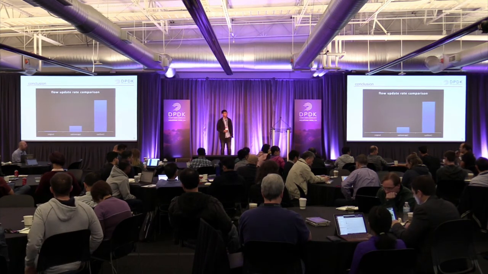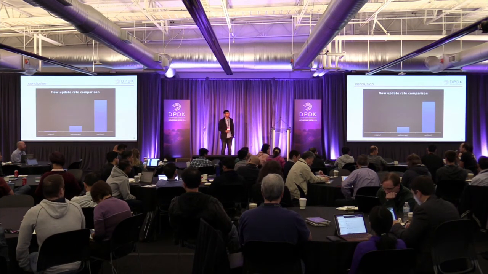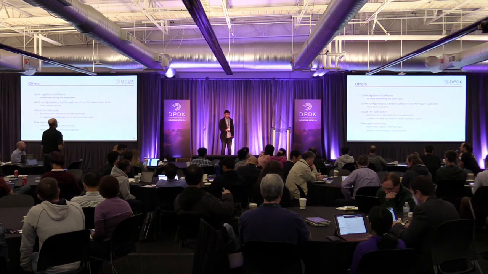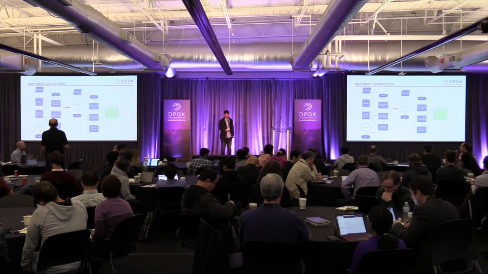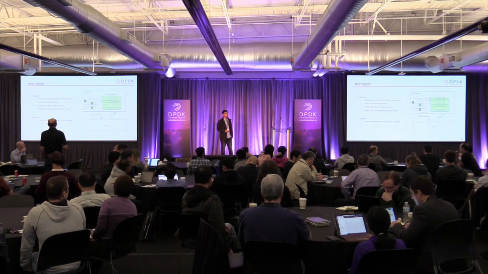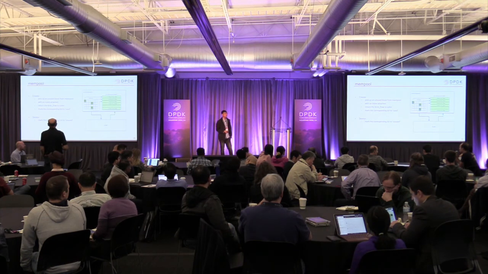Okay, please, can you go back to your slide with mempool and bitmap? Yeah, when you put all the RTE flow rules in mempool. I don't understand why you use mempool to save your flow rules.